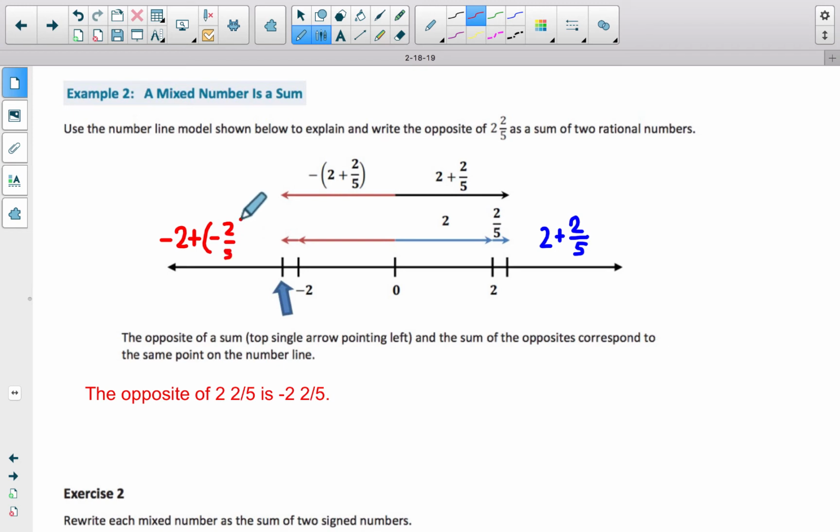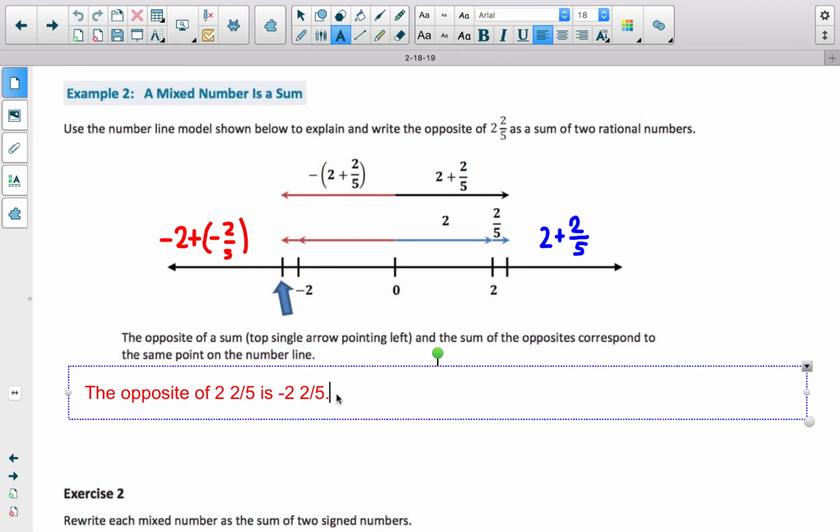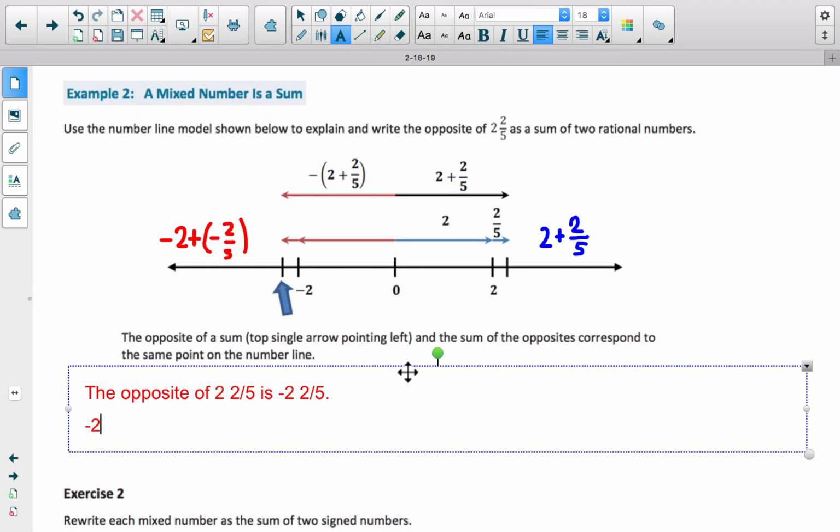Okay? Those two components together end up getting you the negative 2 2/5. And I'm going to make a note of that as well. So negative 2 2/5 written as the sum, the addition of two rational numbers, is negative 2 plus negative 2/5.